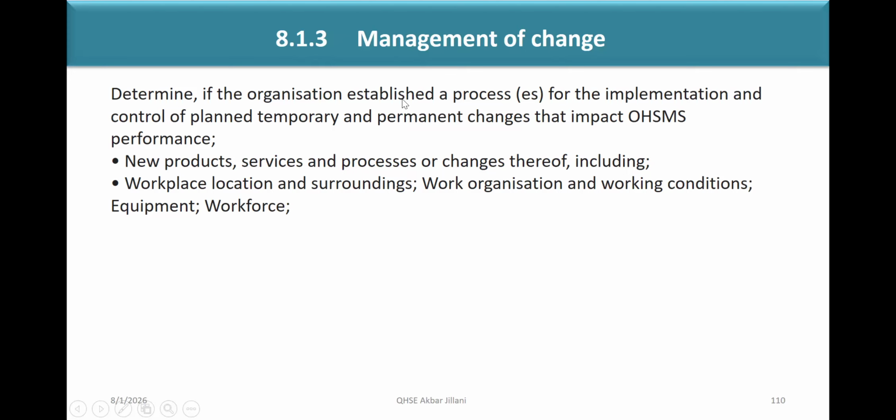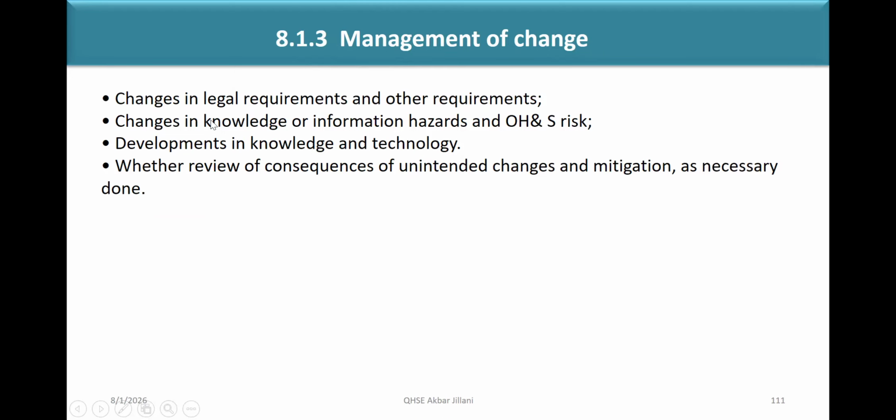Determine if the organization has established a process for implementation and control of planned temporary and permanent changes that impact OHSMS performance: new products, services and processes or changes thereof, including workplace location and surroundings, work organization and working conditions, equipment, and workforce.